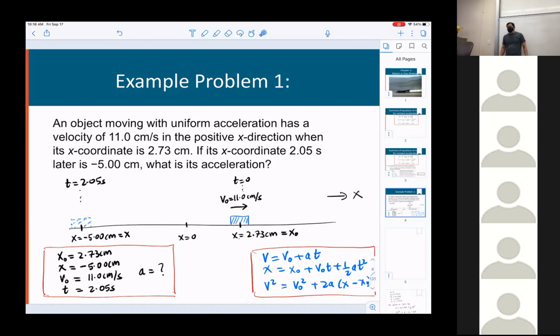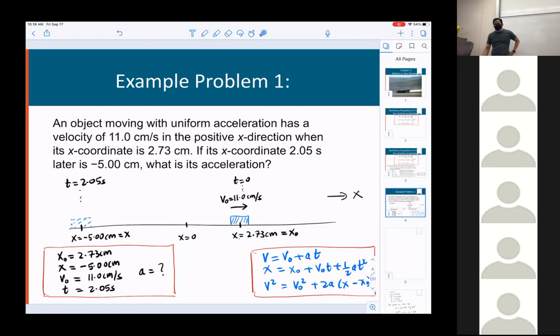Well, this is a problem where you can already figure out that the acceleration of this object is going to be negative. Because what's going to happen is the object is going to the right, it's going to be slowing down, it's going to come to a stop, and then it's going to move backwards in this way, all of it at constant acceleration. So its velocity will change, but its acceleration will be constant.